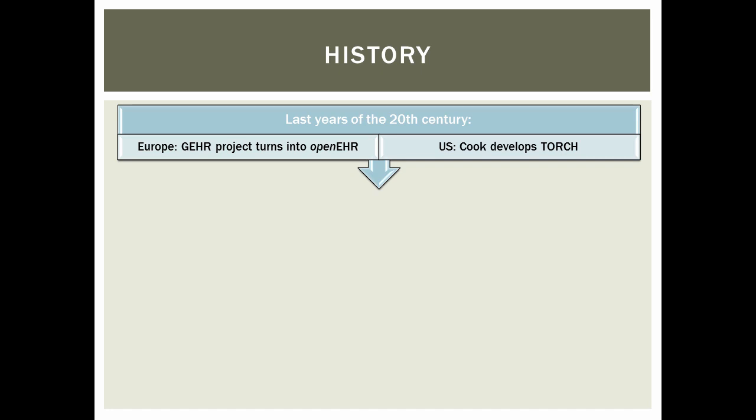At the same time, in the United States, an independent inventor, Timothy Cook, developed the Trusted Open Source Records for Care and Health, or Torch. Both the openEHR specifications and the Torch application were based on the same idea of separation between the reference model and the domain models. At that point, Torch didn't use those terms, but the whole idea is still there, and it's implemented in software.